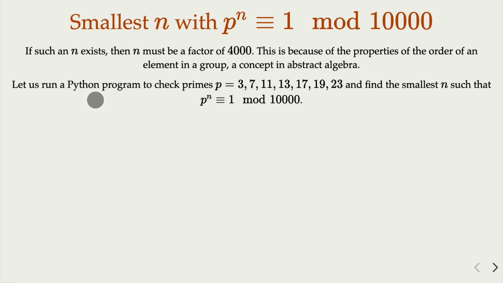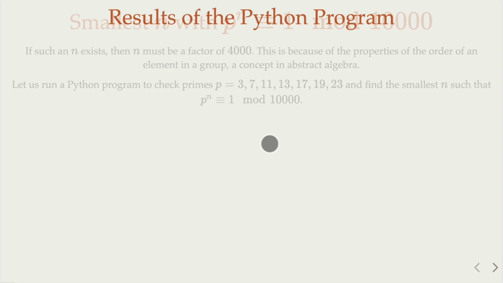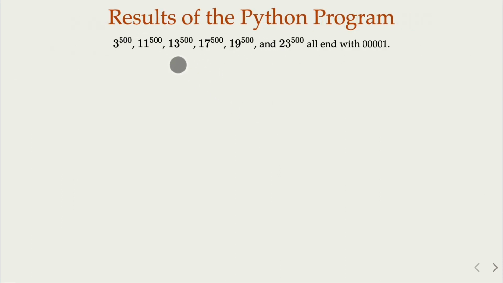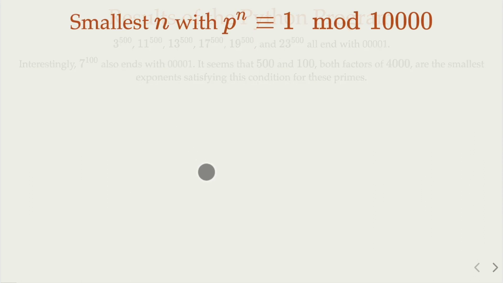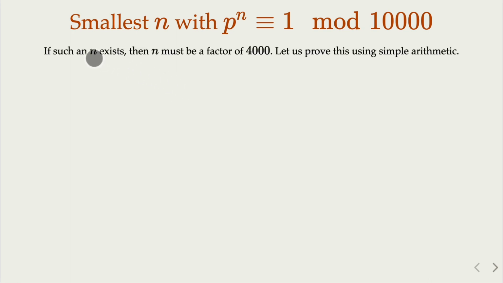So from the Python program, we know that for all these numbers we have tried, a bunch of them are 500, and for 7 it is just 100. So notice that they're all factors of 4,000. But in general, how do we prove that? Let's say the smallest number n is less than 4,000, if it exists. We're going to have a simple proof.